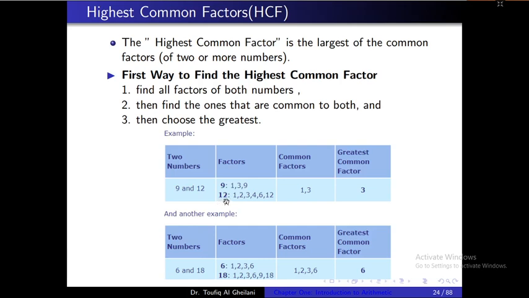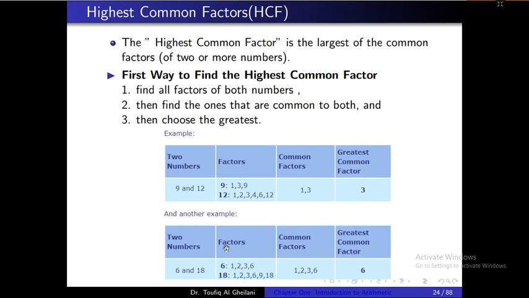For 12, what are the factors of 12? 1 times 12 we get 12, 2 times 6 we get 12, 3 times 4 is 12. Then find the common ones of both. What's common? 1 and 3. Then we get the greatest common factor. Which one is the greatest, 1 or 3? 3. So the highest common factor of 9 and 12 is 3.